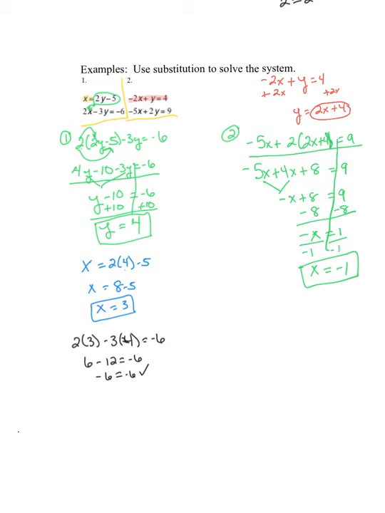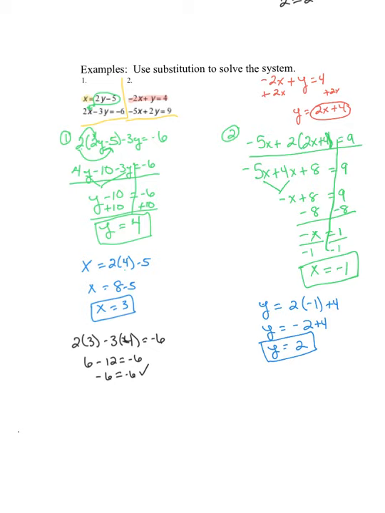I have my x. Now let's find my y. I go back up. See my y equals? I'm solving for y now. Y equals 2 times my x plus 4. Y equals negative 2 plus 4. Y equals 2.